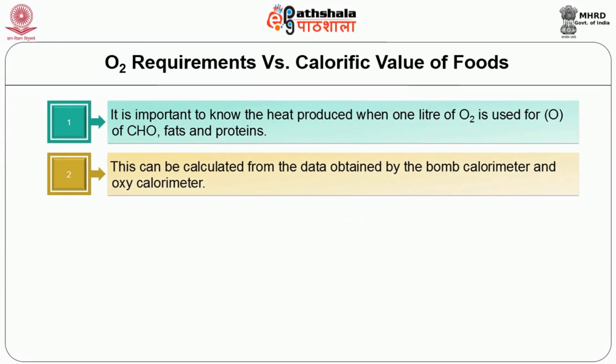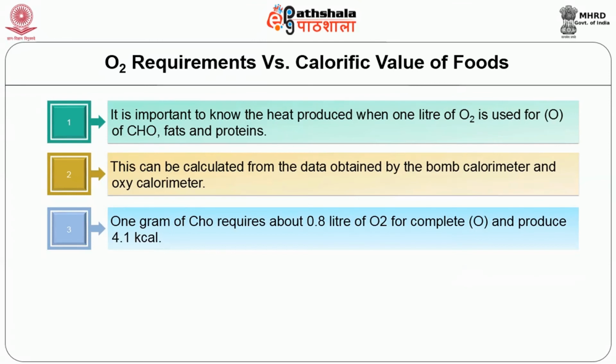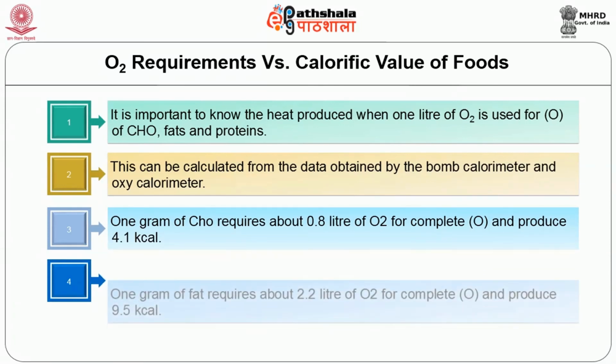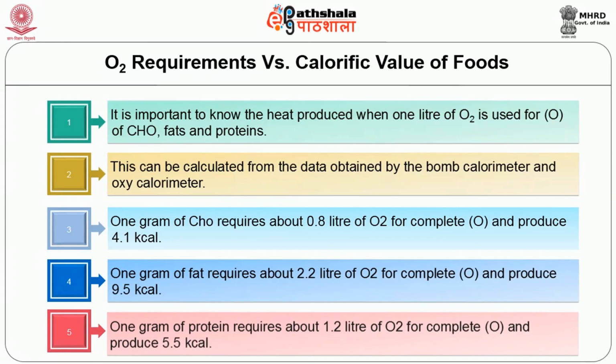This can be calculated from the data obtained by the bomb calorimeter and oxycalorimeter. 1 gram of carbohydrate requires about 0.8 liter of oxygen for complete oxidation and produces 4.1 kilocalorie of energy, whereas fat produces 9.5 kilocalorie of energy and 1 gram of protein requires about 1.2 liter of oxygen for complete oxidation and produces 5.5 kilocalorie of energy.